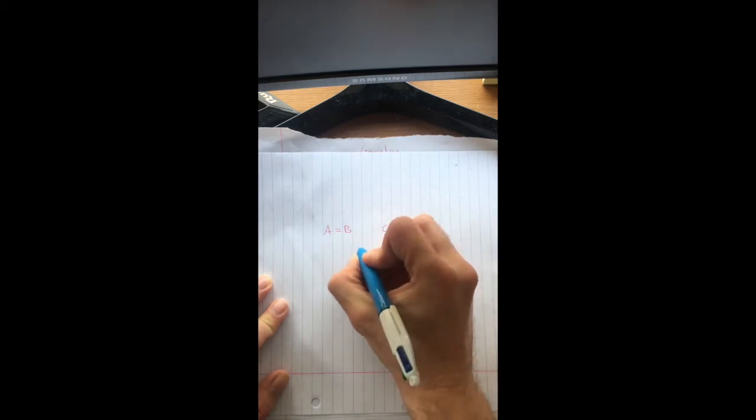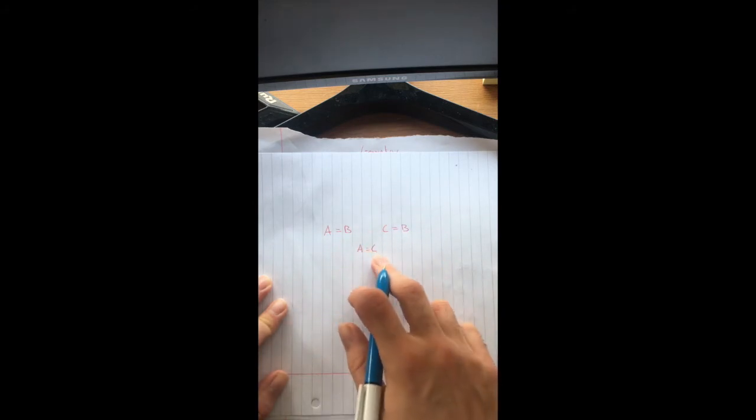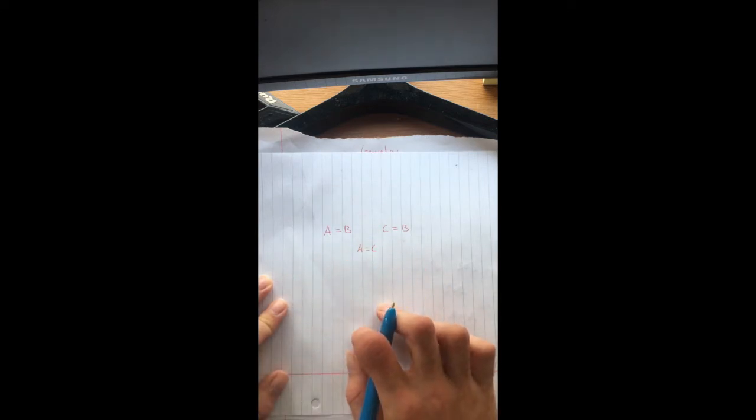Therefore Euclid says A must equal C. Now, it does take a minute to get your head around these things, but when you think about it, it's obviously true. If A is equal to B and C is equal to B, then A must equal C. If two things equal the same thing, then they must be equal to each other.